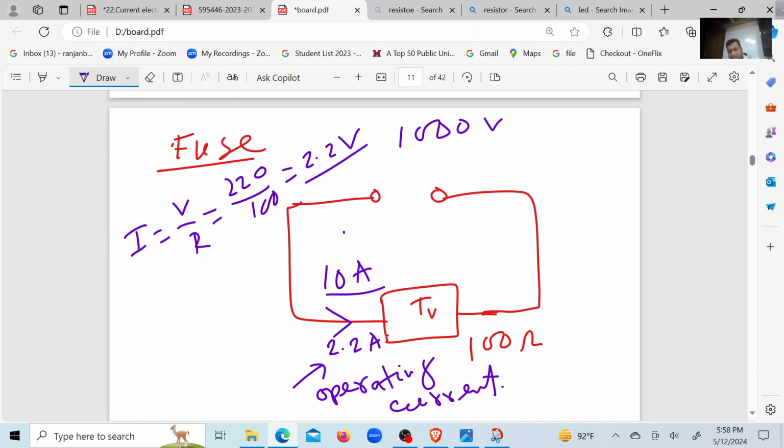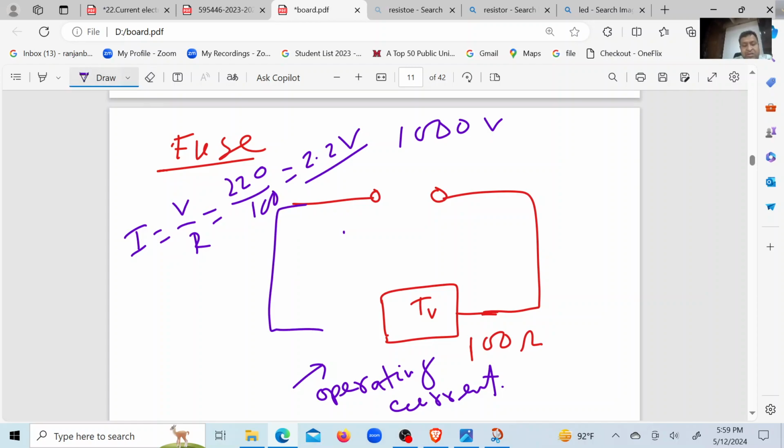The internal circuit of the TV has been made to work for 2.2 ampere. If you suddenly give 10 ampere there, it will be heated up highly. So its internal circuit will burn. Clear? So if you want to save it, connect a fuse of 3 ampere to the circuit.